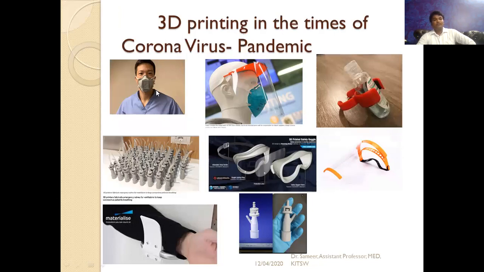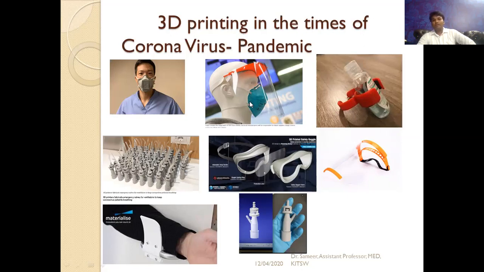We could develop the safety mask using 3D technology. We could develop a shield for the doctors, the frontliners who are serving us in these times of difficulty. Not only in India, around the world, the situation is really bad, and our frontliners, such as doctors and nurses, required face shields.